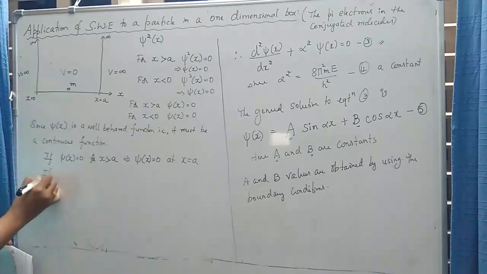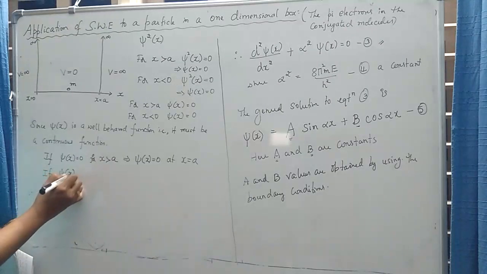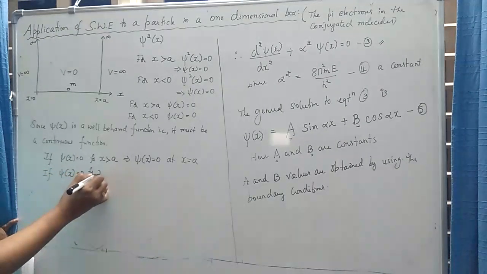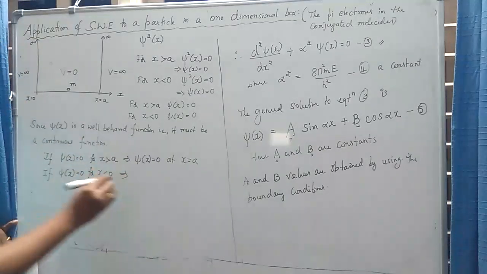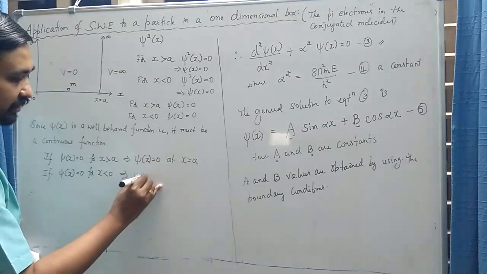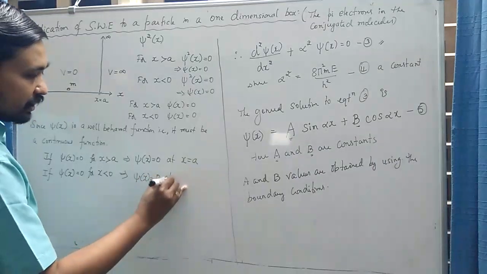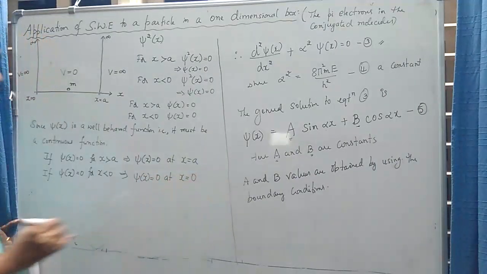So the second condition is, if psi of x is equal to 0 for x less than 0, because the function is continuous, we can write psi of x is even 0 at x is equal to 0.